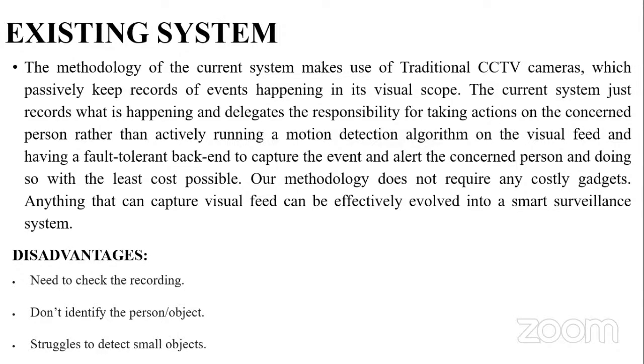Coming to disadvantages, for any motion occurring, we need to check the recordings, and for any person identification also, we need to see all the recordings and identify the person. It also struggles to detect small objects.